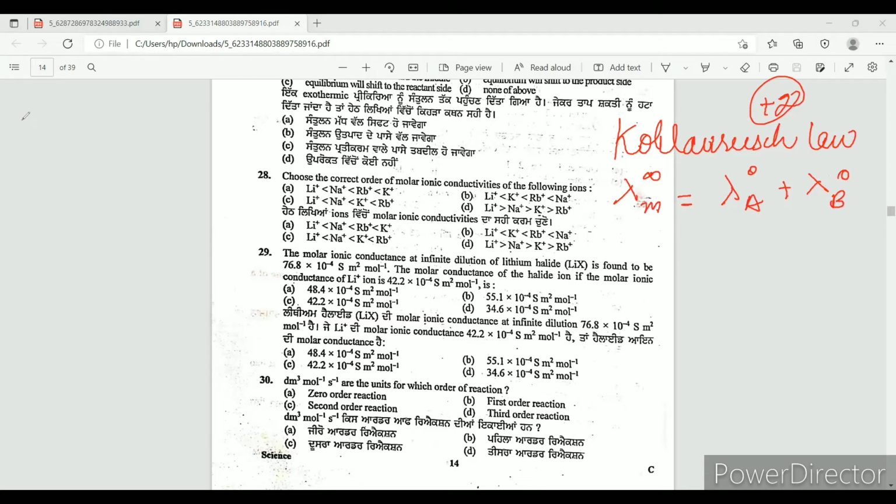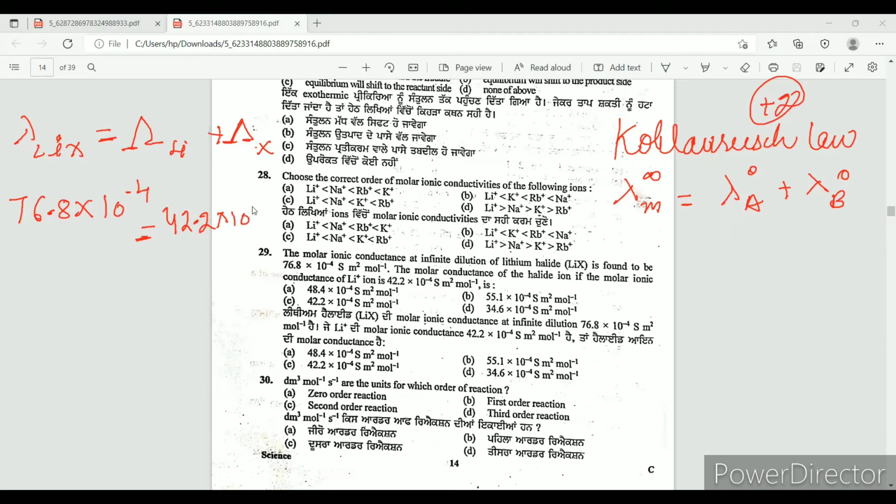So if we are finding out for LiX, that is lithium halide, it will be equal to lithium plus X. The value of LiX is 76.8 into 10 raised to power minus 4, and the value of lithium is 42.2 into 10 raised to power minus 4.